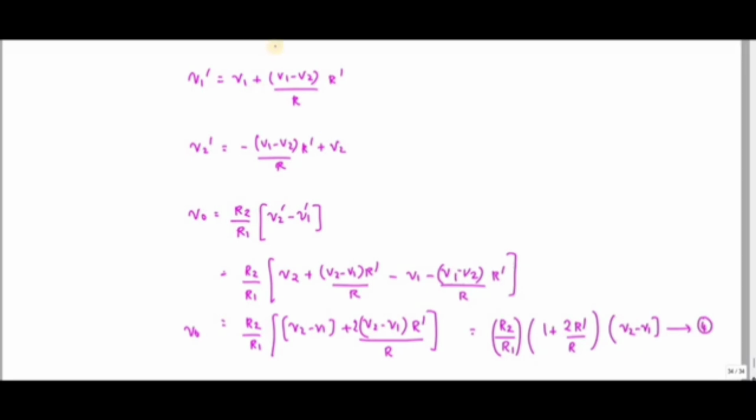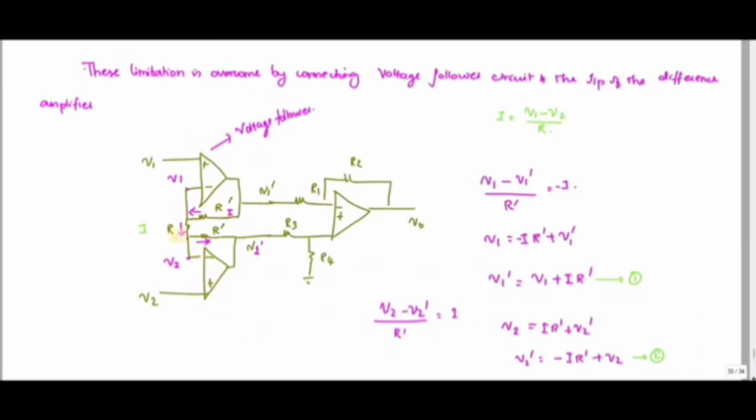So here you can see this R is nothing but a variable resistor. Okay, variable resistor which, if it is varied, the gain of the instrumentation amplifier is varied.